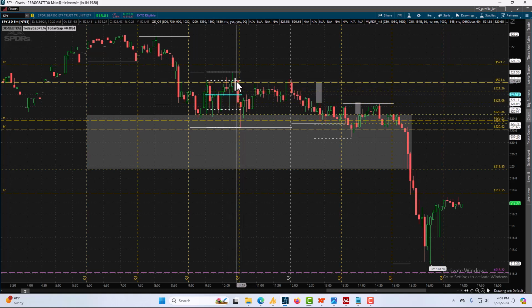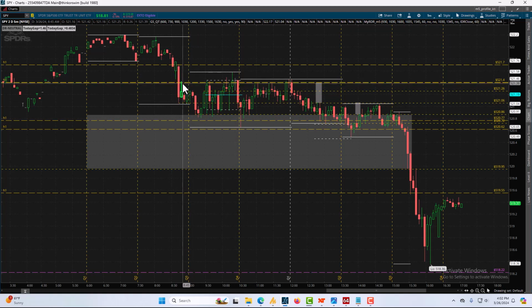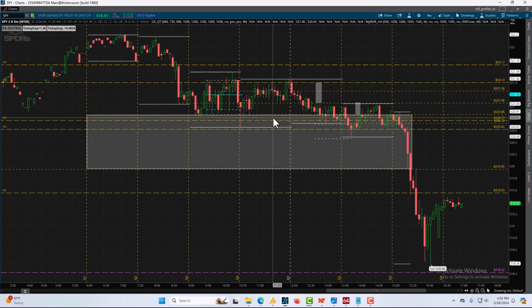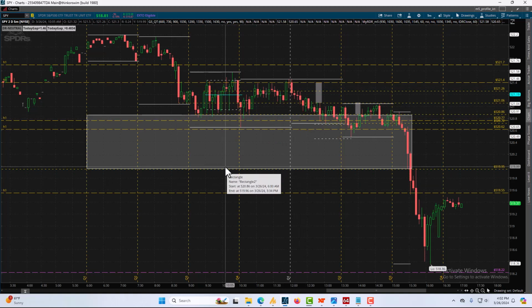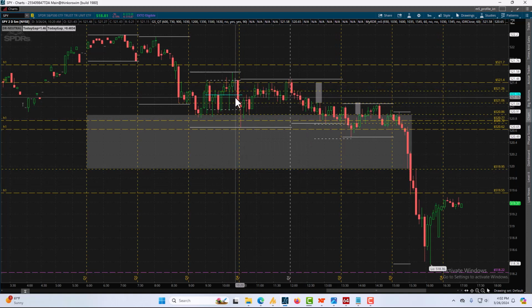You can see that fair value gap, and this is just a retest right into that gap, and you have a gap right here overlapping with that gap. So basically we have two huge gaps, a gap down and then a gap up. That's where the turtle soup is coming. Gap up, gap down, and gap up.